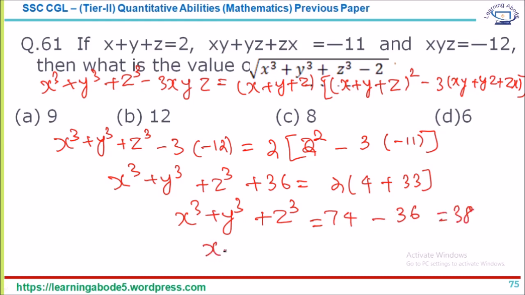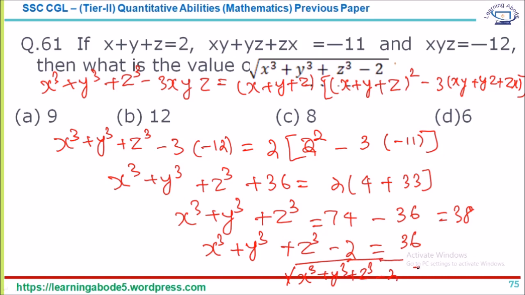So x cube plus y cube plus z cube minus 2 is equal to 36. Now what is asked in the question? Root of x cube plus y cube plus z cube minus 2. If this is 36, root of this is 6. That's answer option D for question number 61.